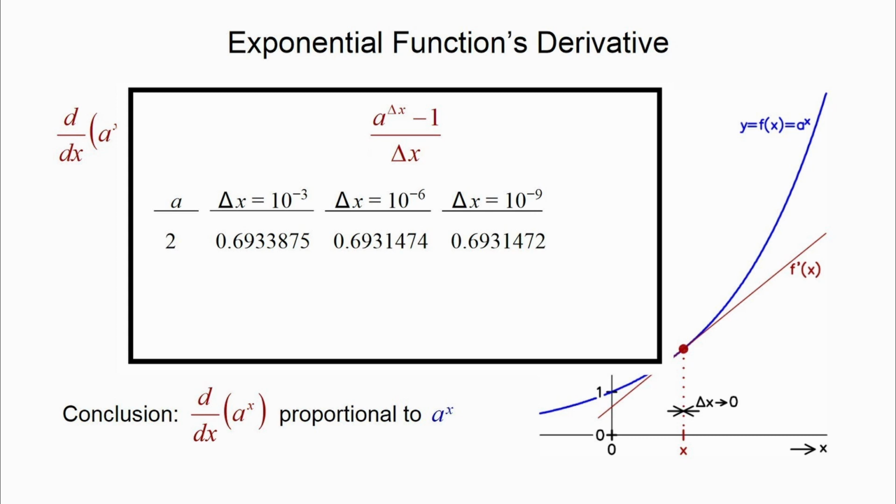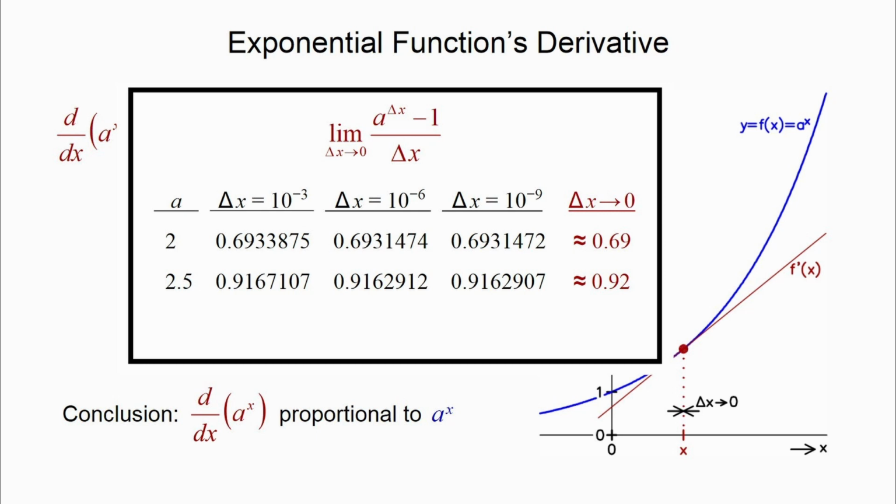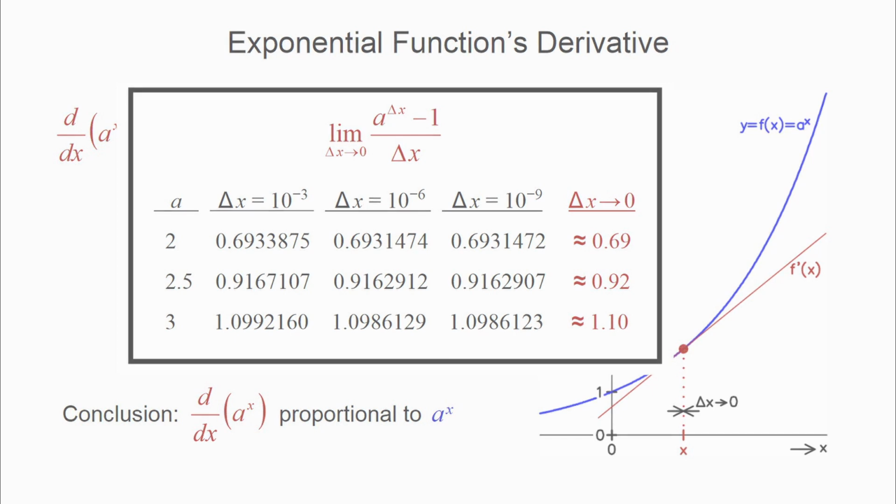So we can safely assume that the limit value is roughly 0.69. Likewise, if a is increased to 2.5, the limit value becomes approximately 0.92, and for a equals 3 it rises to 1.1.